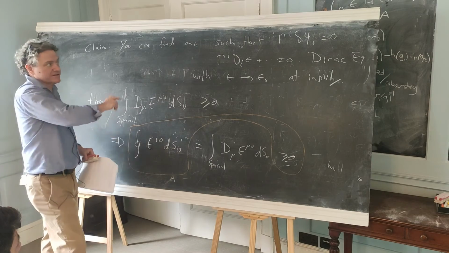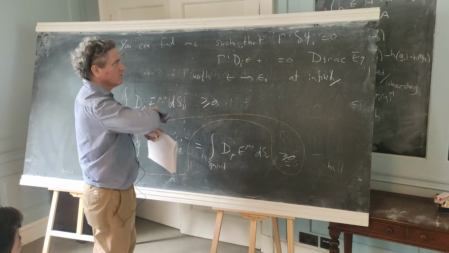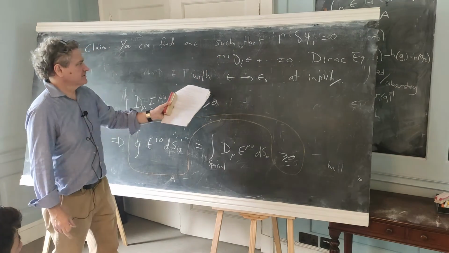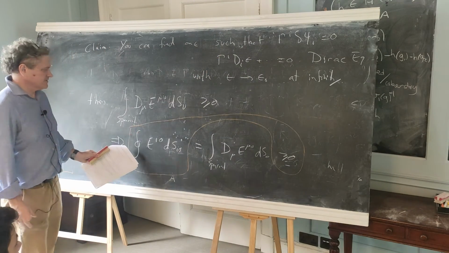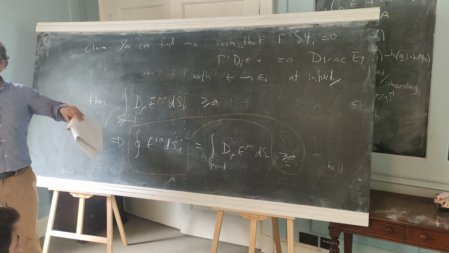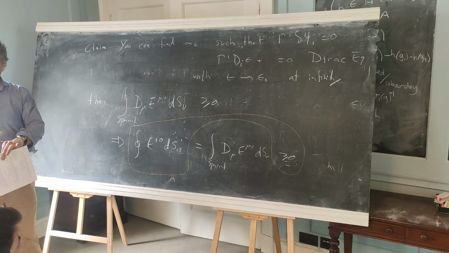So all I have to know is that there exists an epsilon in the bulk, in the whole of the spatial slice, which satisfies this equation such that it's constant at infinity, and then I know that this integral is positive. But this integral knows nothing about what goes on in the middle.